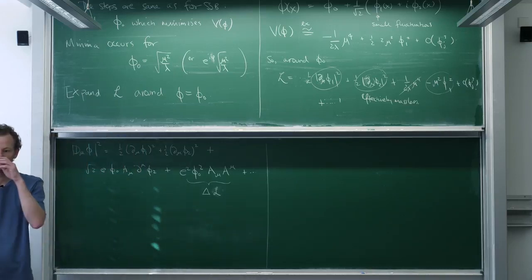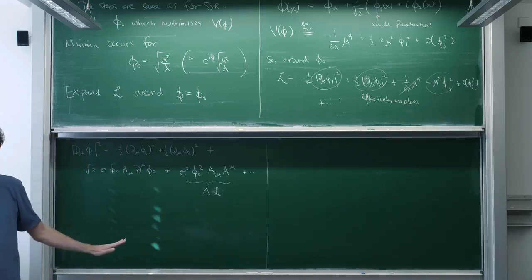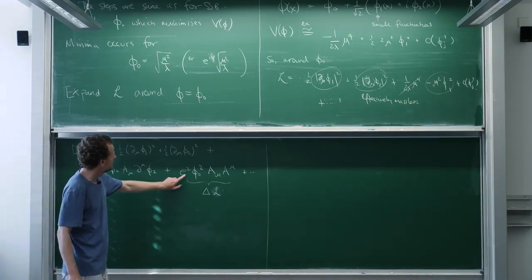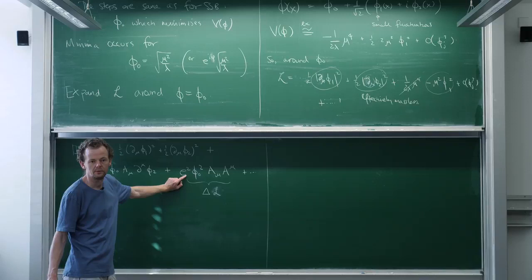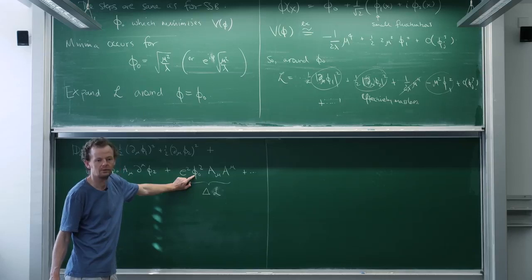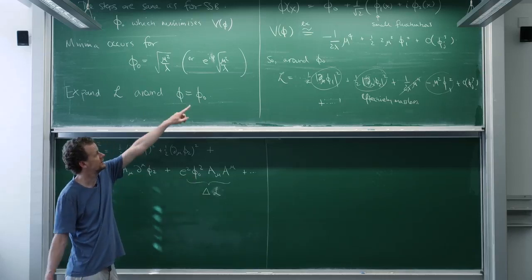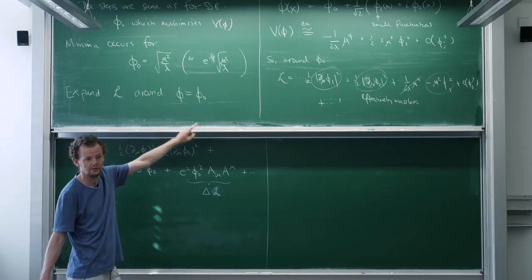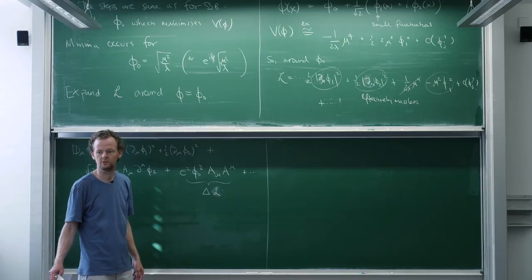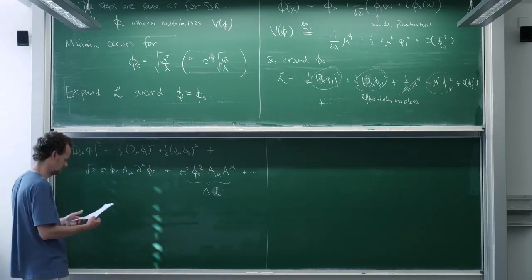That term is the one that should pop out when you look at it. So E is a constant, it's like 1 on 137 or something. And phi naught is a constant, right? It comes from minimizing this potential. And that thing there, well, that looks like the mass term that we wanted to have from the outset.